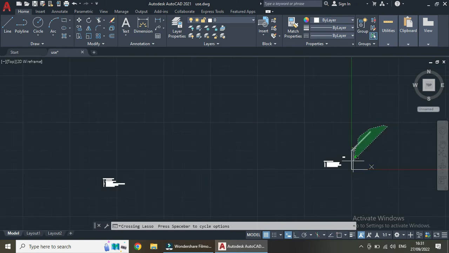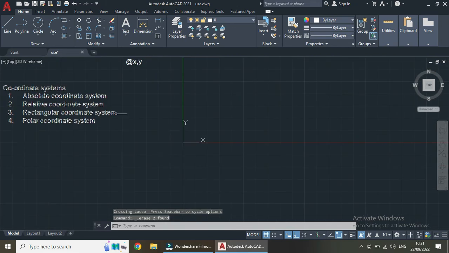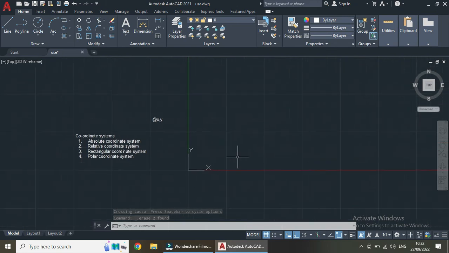Now let us see the rectangular coordinate system. For this we have to consider the angle and distance both.